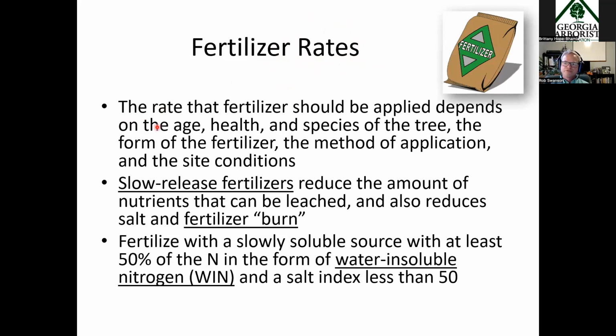The rate of fertilizer that should be applied depends on the age of the tree, the health and species, the form of the fertilizer, the method of application, and the site conditions. All of these are variables. Slow release fertilizers reduce the amount of nutrients that can be leached and also reduce salt and fertilizer burn. We'll talk about fertilizer burn a little later.